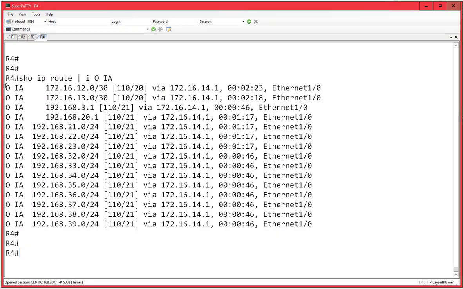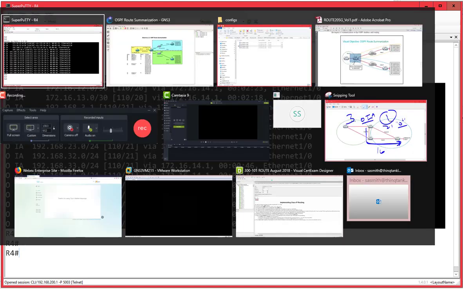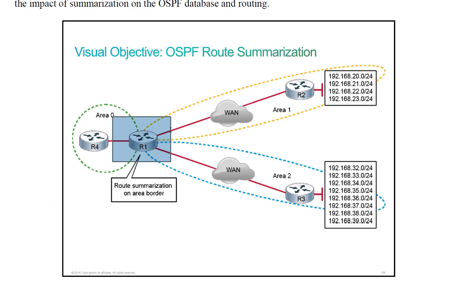Obviously, we want to reduce the size of the routing table, so we want to summarize these routes as part of the process. So we'll take a look at that process. I'll also show you a couple of other things about how the metric is calculated. They probably don't do that in the courseware. They don't give you an indication about how the metric is calculated and so on. So we'll take a look at that as well.